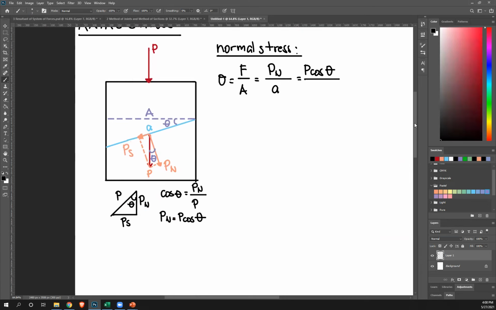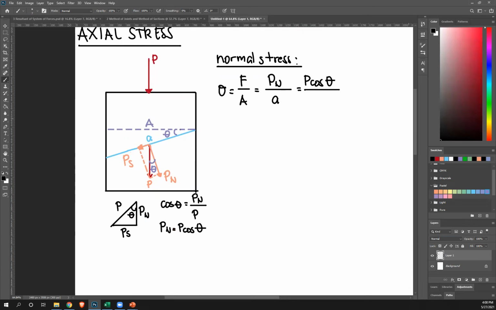Now, the problem is, how do I get a? Once again, looking at this right triangle, using cosine as well, cosine theta equals adjacent over hypotenuse. Considering this right triangle, adjacent to this angle is capital A. The hypotenuse of this right triangle is your small a.